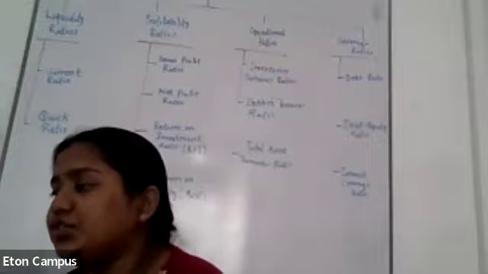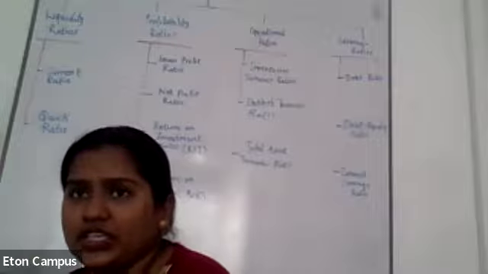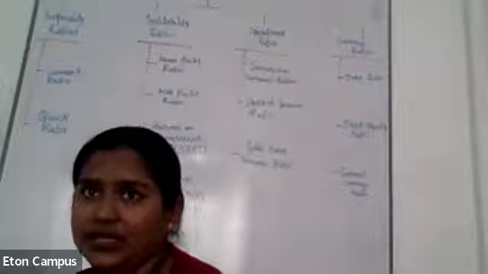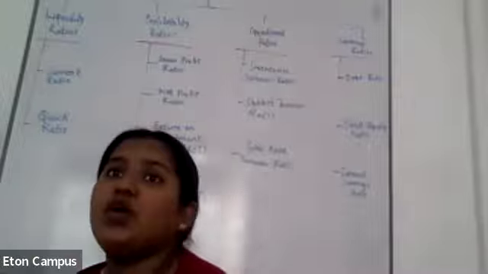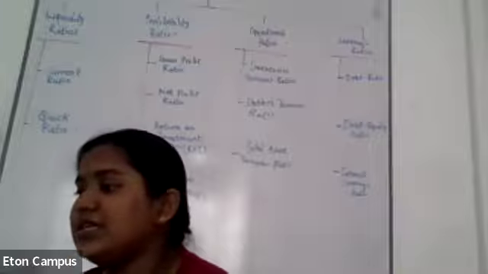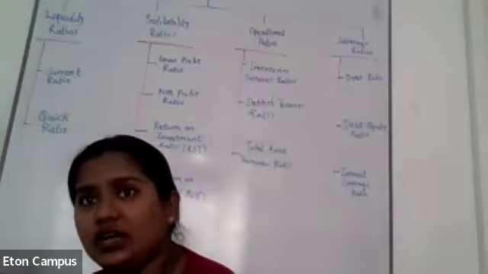Okay, so these ratios are used in most things when it comes to an organization, as we said, to find out the profitability of our company. Liquidity is how much money we have in our company and how we can use it. Operational efficiency is how efficiently we can carry out the day-to-day activities in our company.